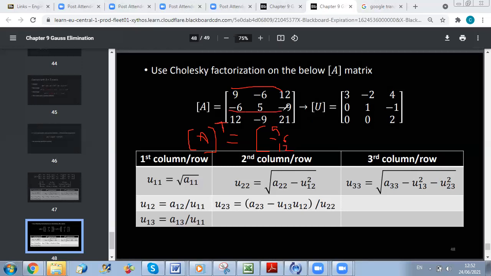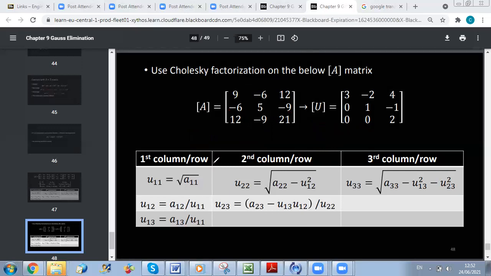Also minus 6, 5, minus 9, and 12, minus 9, 21. So it's verified. It's a symmetric matrix.